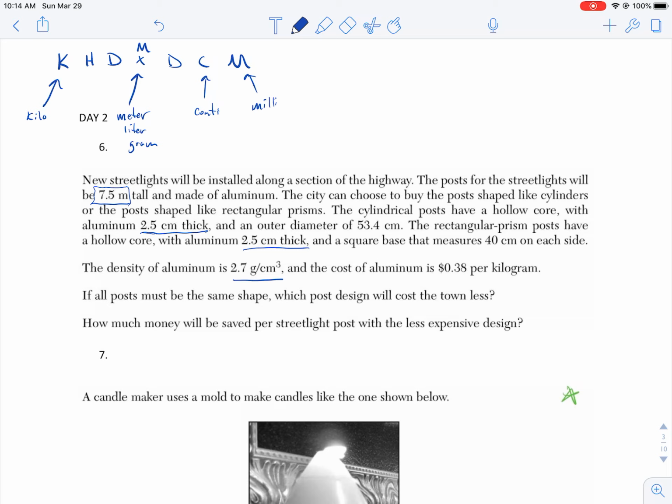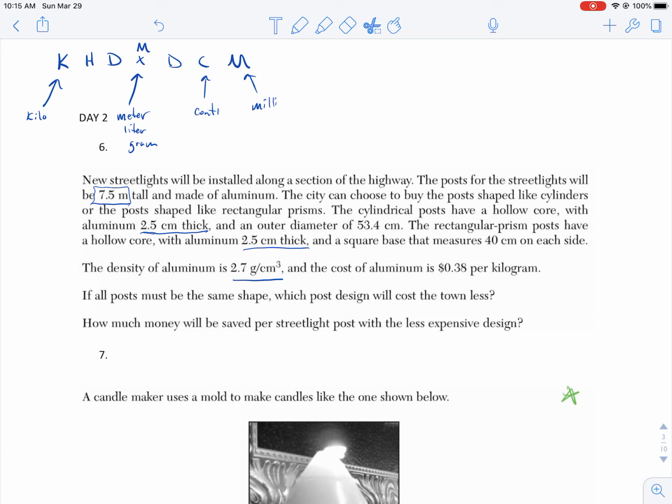So milliliters, millimeters, milligrams, I guess, but we don't really use milligrams or centigrams. It's usually kilograms or grams, but anyway, those are the metric units we use the most: kilograms, meters, liters, grams, centimeters, centiliters, millimeters. That's typically what we'll use.